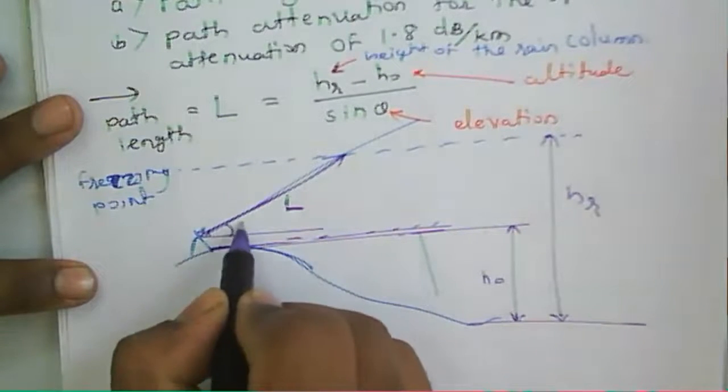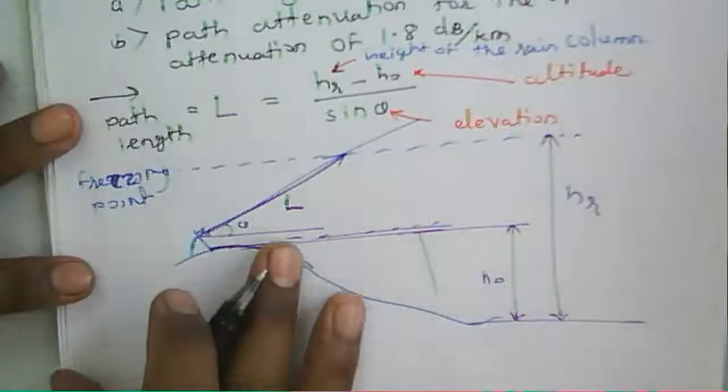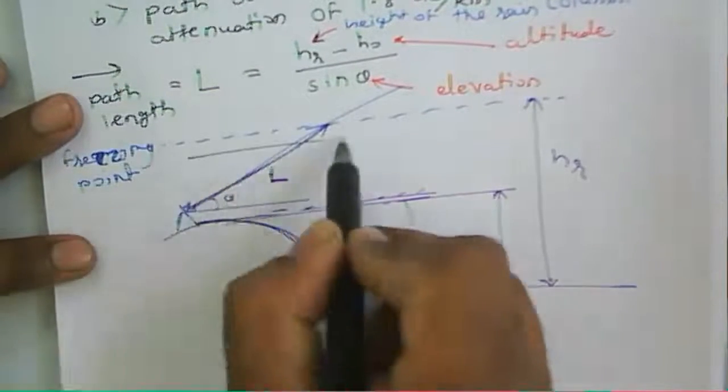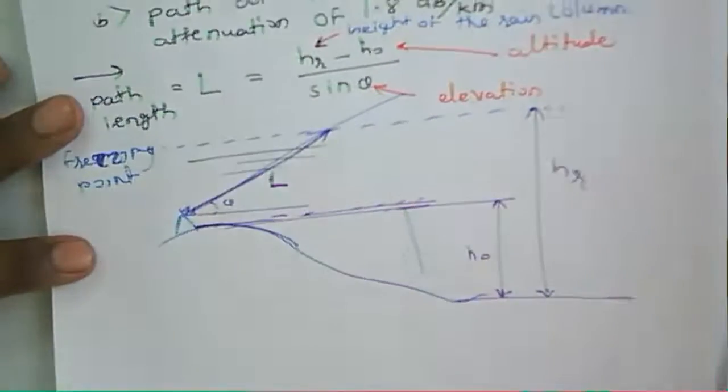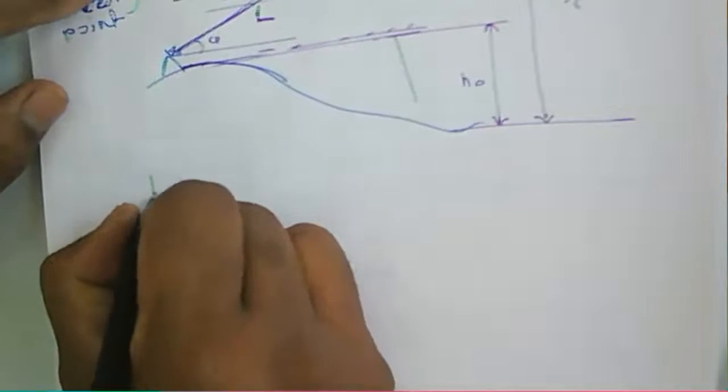This is the elevation angle theta. Our aim is to find the path length through this rain region, L.